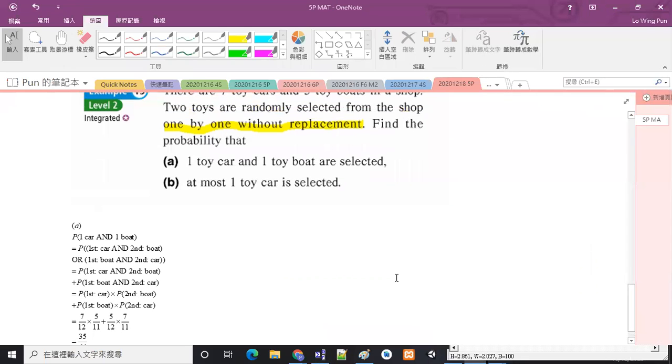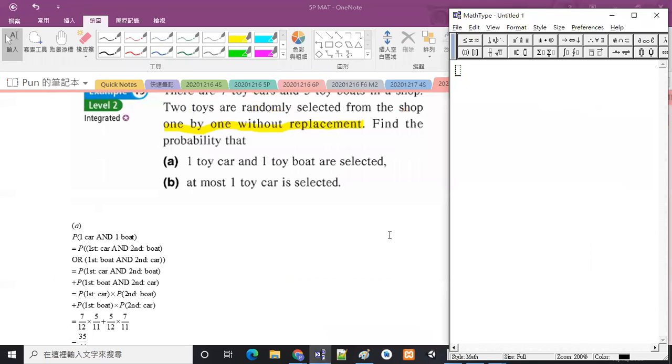Okay, and then part B, I want to find the probability that at most one toy car is selected. At most one car.